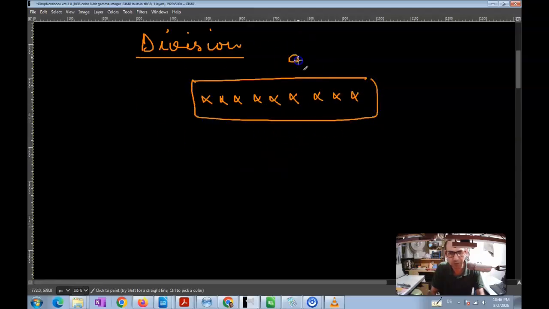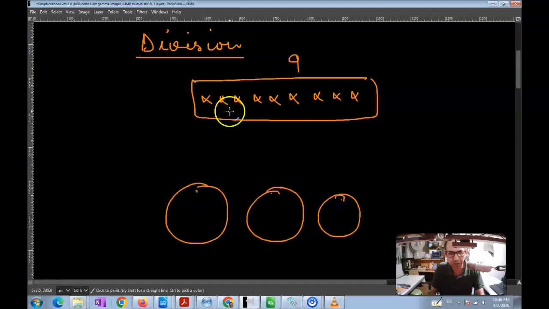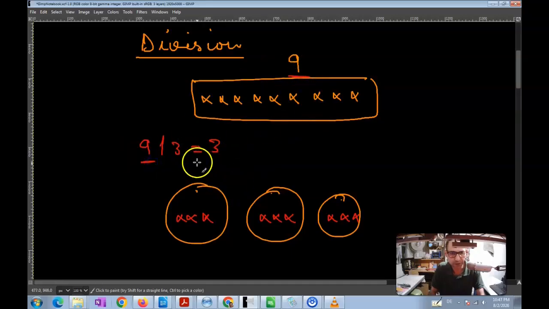We have 9 objects over here, and we want to divide them among, for example, 3 groups. And then in the end, we will have 3 objects here, 3 objects here, 3 objects here, and now we have divided, and then you can say that 9 divided by 3 is equal to 3, which means that we had 9 objects over here, and then we divided those objects among 3 groups, and each group got 3 objects, and that's what division is.